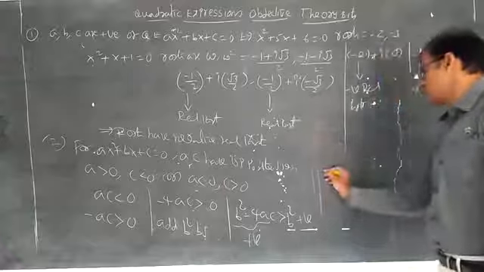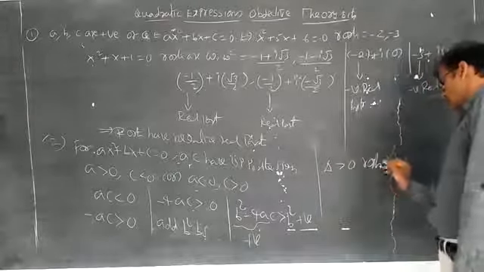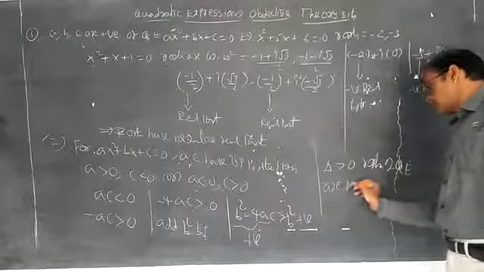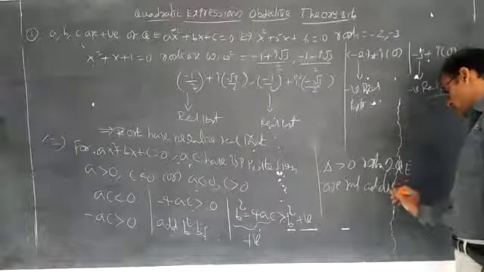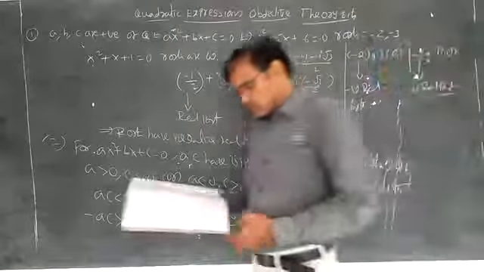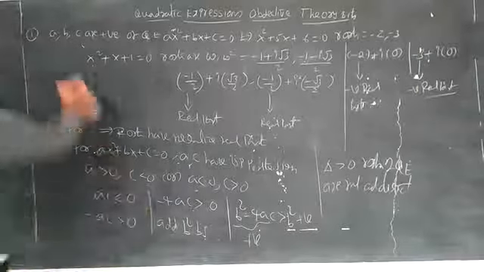You can understand that whenever delta is greater than 0, the roots of the quadratic equation are real and distinct. Second question completed. Now let us discuss the third question.